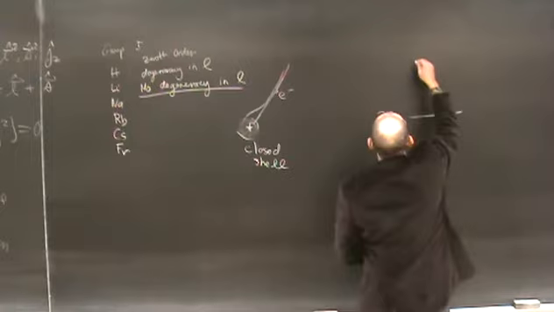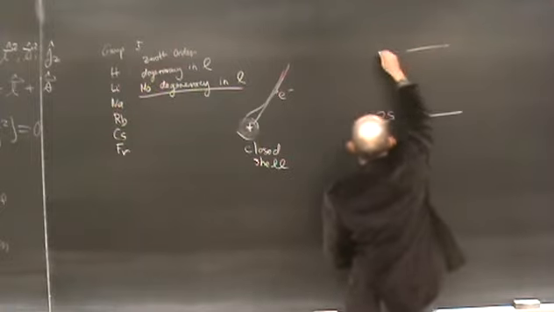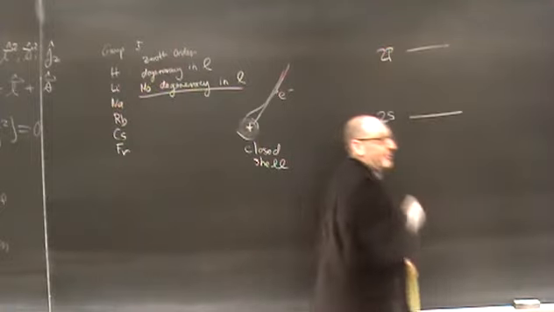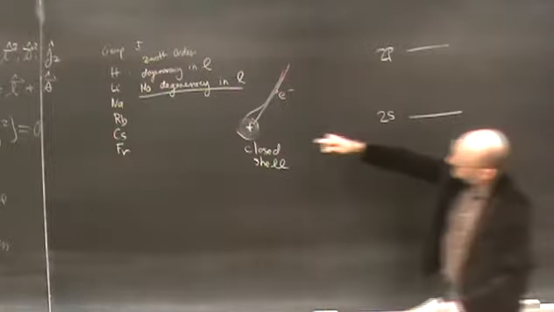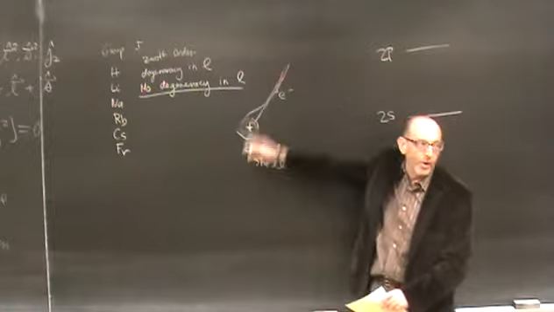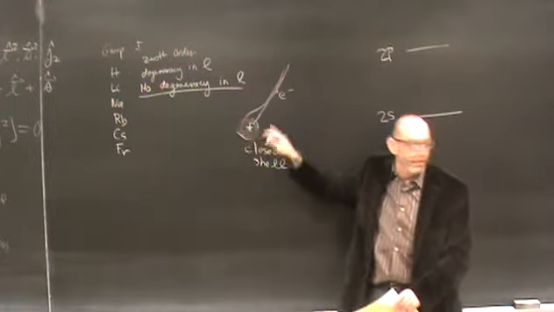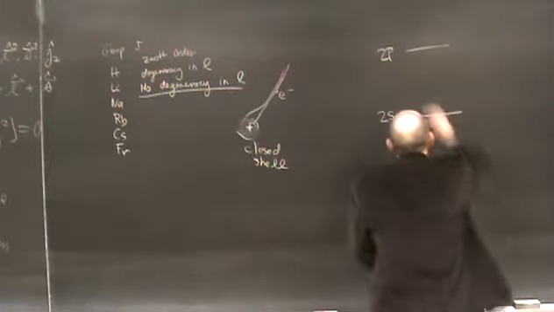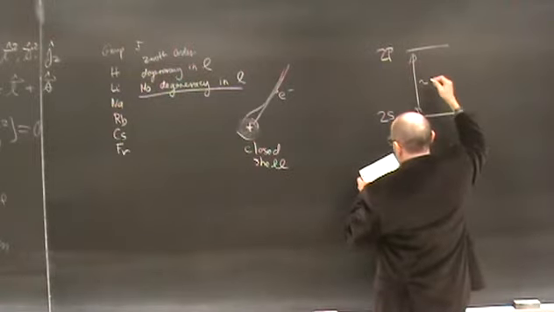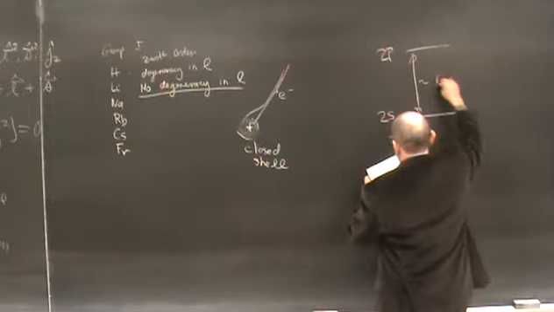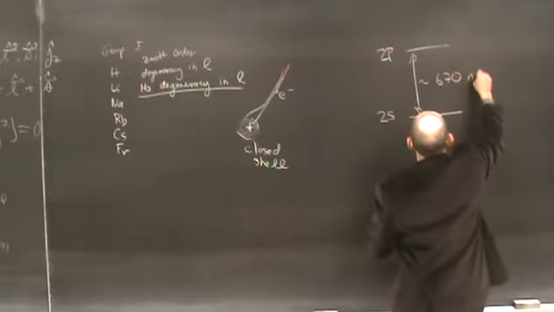And then we have 2p. But 2p is totally separated from 2s to 0th order, just due to the Coulomb interaction. Having nothing to do with relativistic anything. It's just the fact that there's a totally different kind of charge distribution when you have the closed shell. And this separation here is, I don't know, it's like yellow, 670 nanometers wavelength.